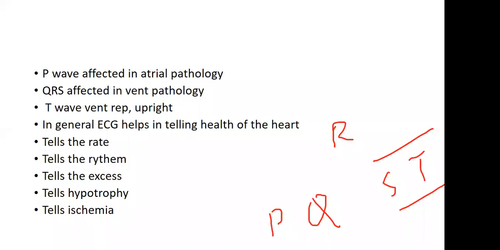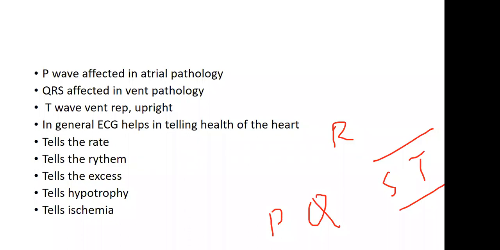So if you look at the list once again, there is a mnemonic for it, RRAHI. Rahi is a poet, isn't it? So remember RRAHI, but with double R. Double R, A, H, I. First R tells you the rate. Second R tells you the rhythm. Then comes A, axis.